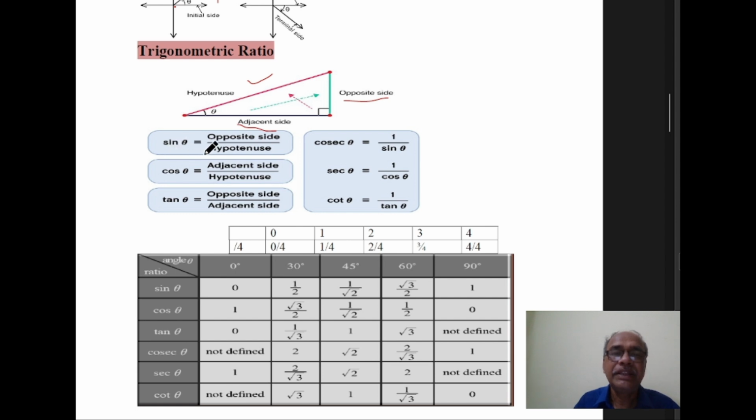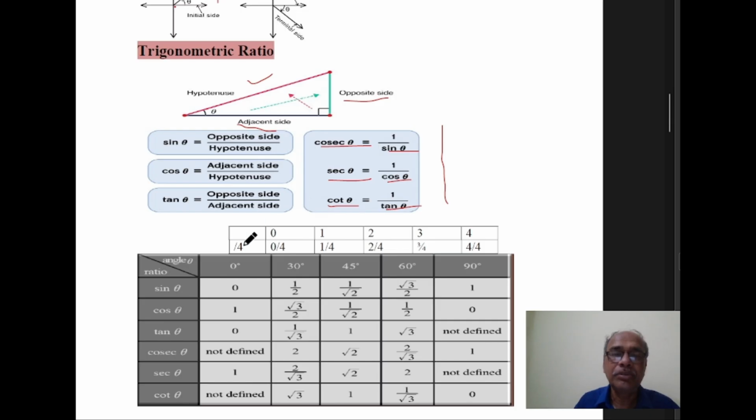Then sin theta is equal to opposite by hypotenuse, or perpendicular by hypotenuse. Cos theta is equal to adjacent side by hypotenuse, or base by hypotenuse. Tan theta is equal to opposite side by adjacent side, or perpendicular by base. And here you see sec theta, cosec theta and cot theta. These are the reciprocals of cos theta, sin theta and tan theta.